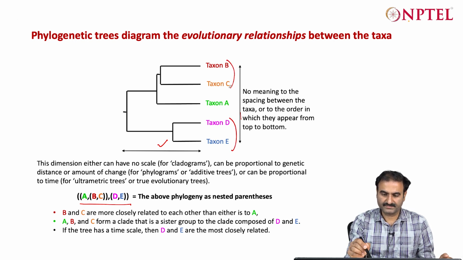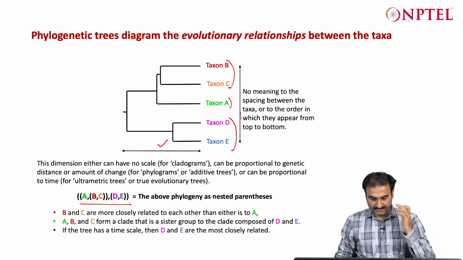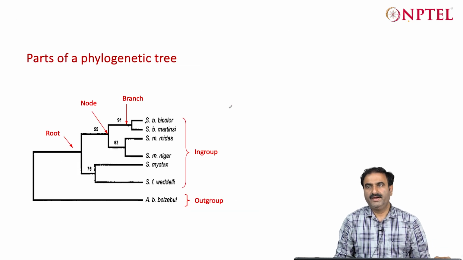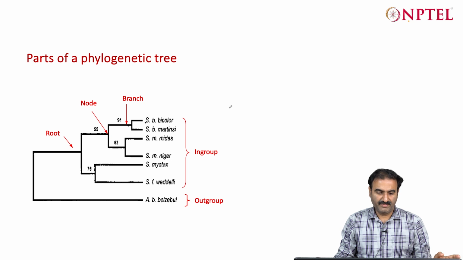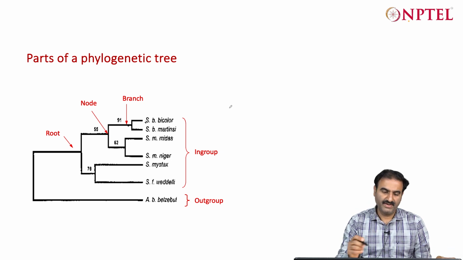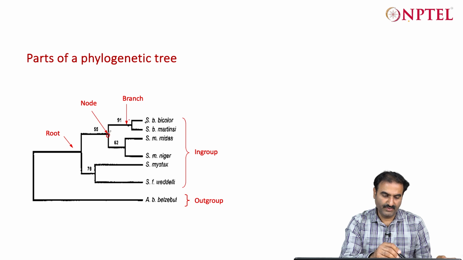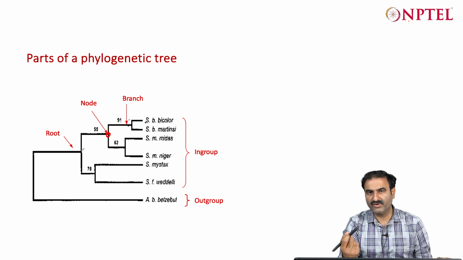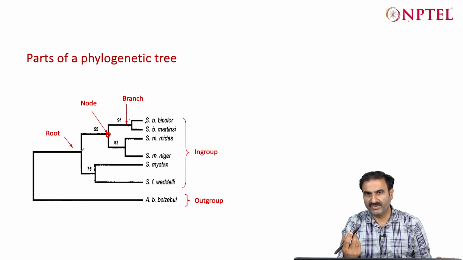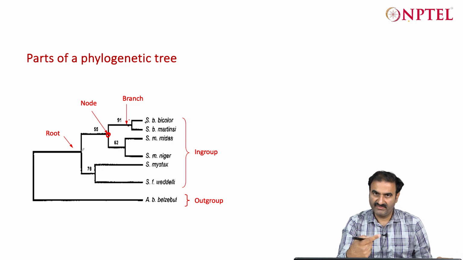Okay, and in a tree the three important parts are the node, root and branch. Okay, this is a branch, this is a node, and this is the root from which the tree originates, for which you can appropriately use an outgroup or a midpoint distance method, right? That we have discussed in detail in the previous lecture.